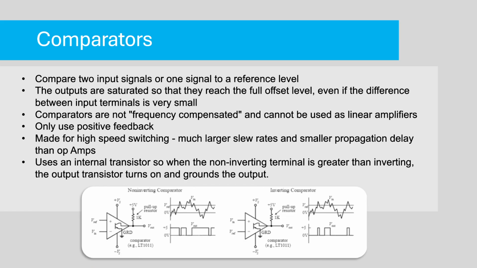So the function of this, as you can see here, there's a symbol for a transistor. It uses an internal transistor so that when the non-inverting terminal is greater than the inverting terminal, the output transistor turns on and it'll ground the output, basically complete that circuit and allow it to flow straight through to ground.